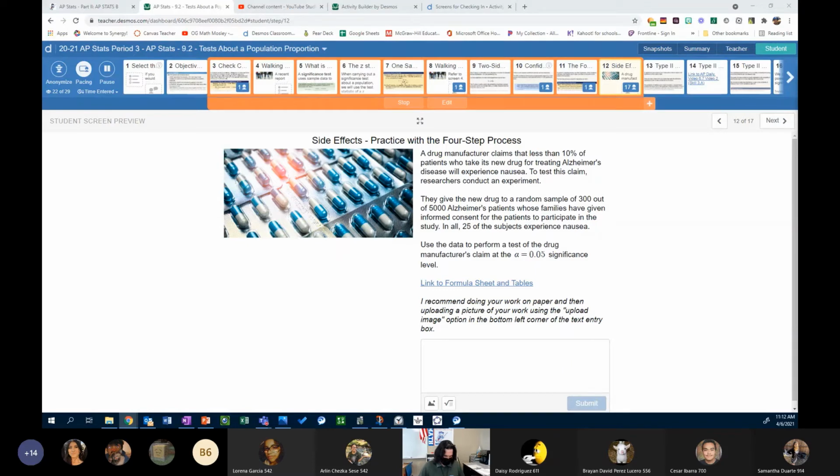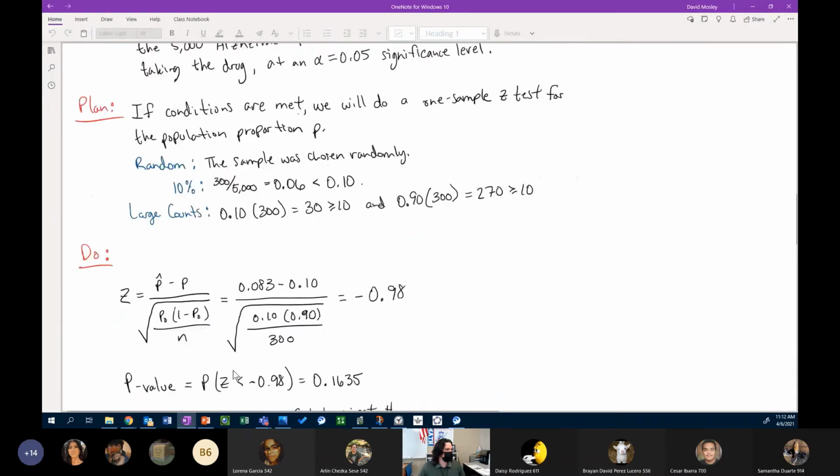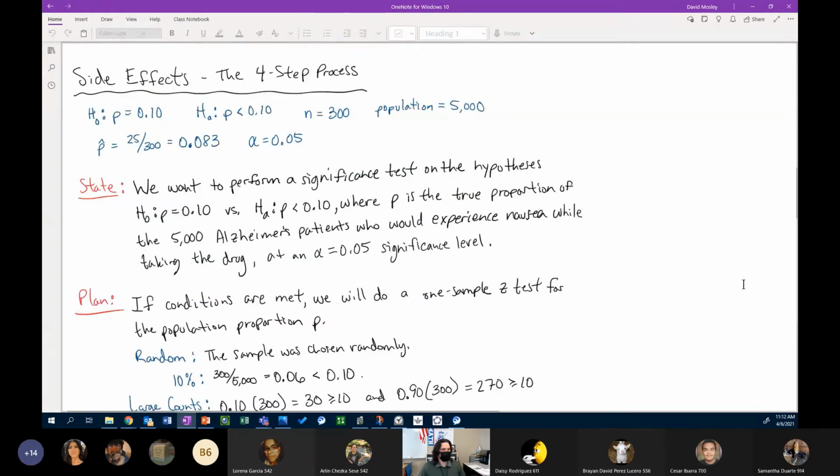So I do recommend that you look at the shared screen if you're not doing that already. And I'm going to pull up OneNote that has the stuff on there that I want. And here we go. This is the work and the 4-step process that I did in solving this problem.